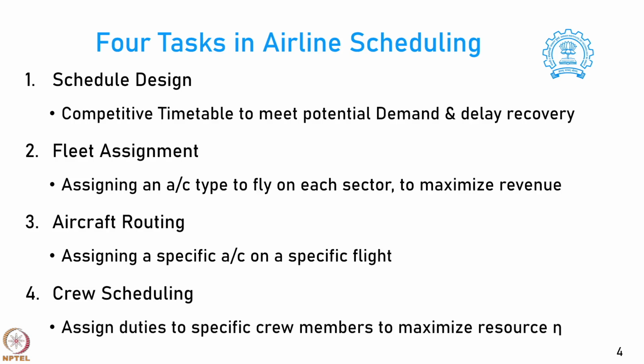That means the pilots in the cockpit and also the stewards and air hostesses who operate inside the passenger cabin. So we have to assign duties to specific crew members so that we can maximize our resource efficiency. As I mentioned, among these four tasks, today we will do a small exercise related to aircraft routing.